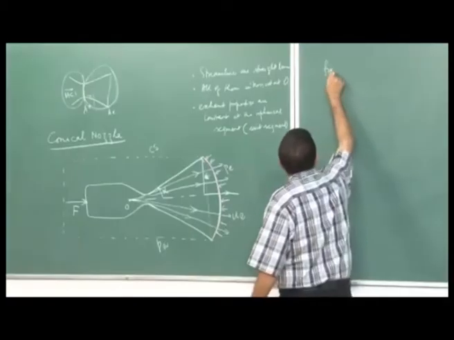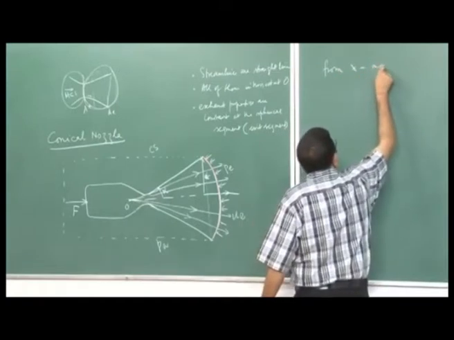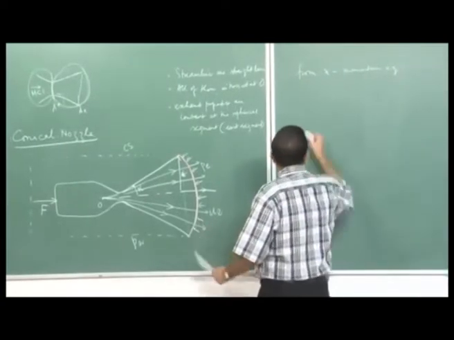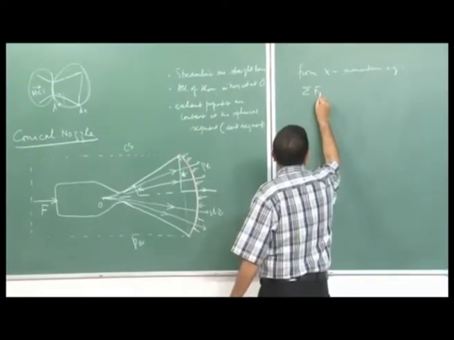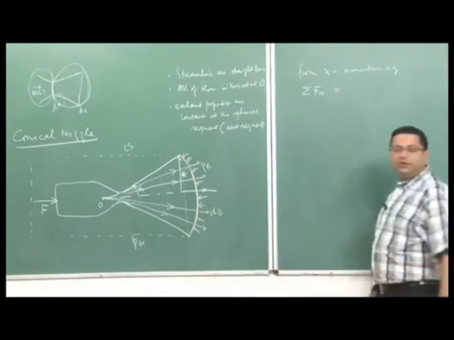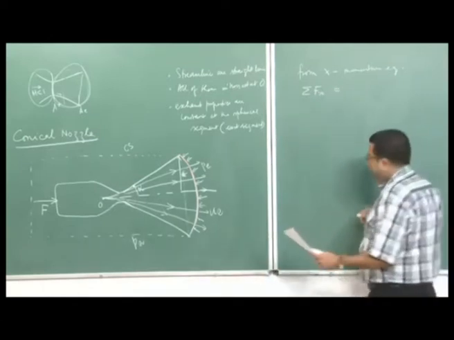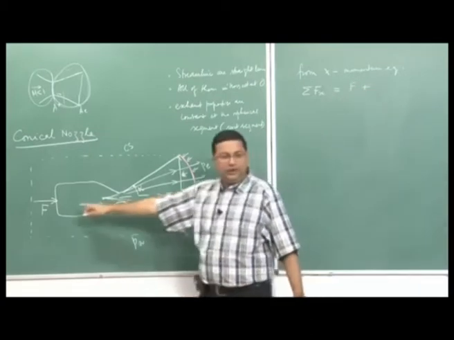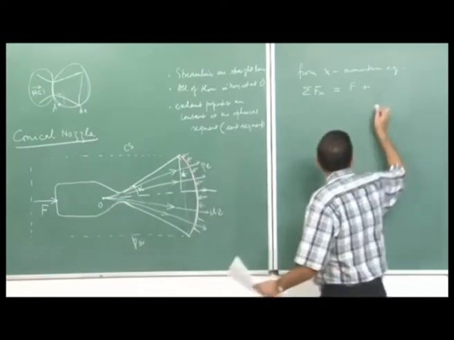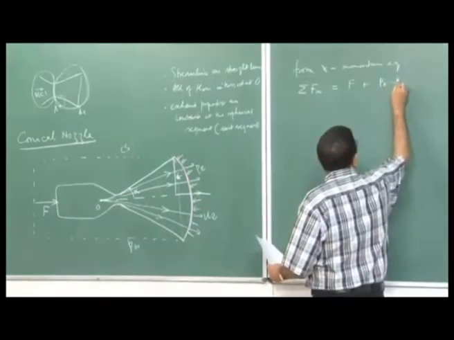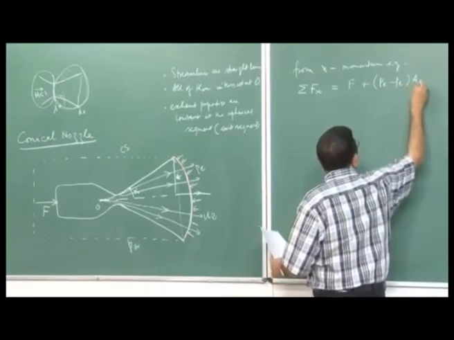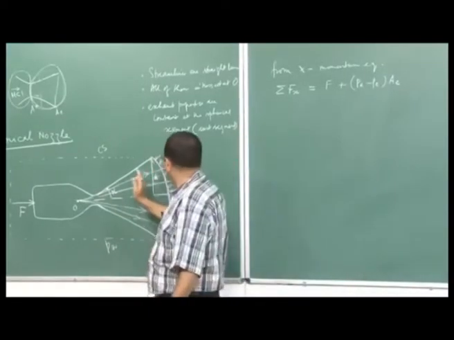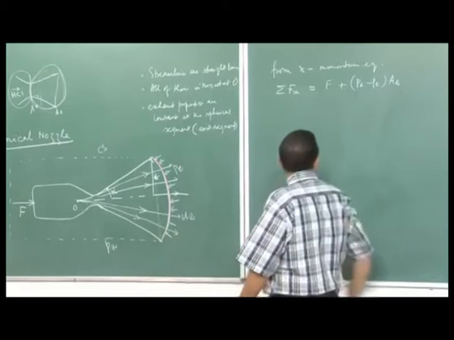From the second law, the momentum equation, the sum of all the forces acting in the x direction is equal to, what are the forces that are acting? The reaction force F and the pressure force. Pressure force will be equal to P a minus P e times A e at the exit area, because everywhere else it is closed. So, the only pressure is acting on this surface.